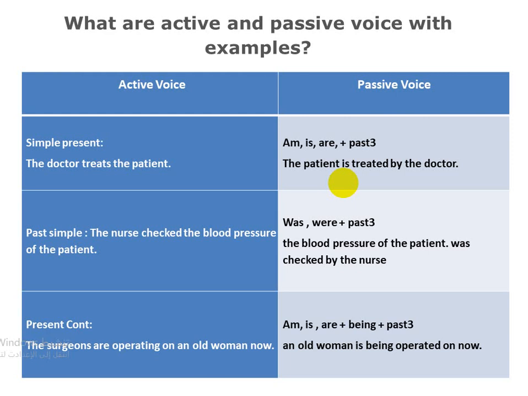When we speak in passive, we begin with the object, نبدأ بالمفعول. This is the most important, very important point. Passive is غير معروف, unknown.